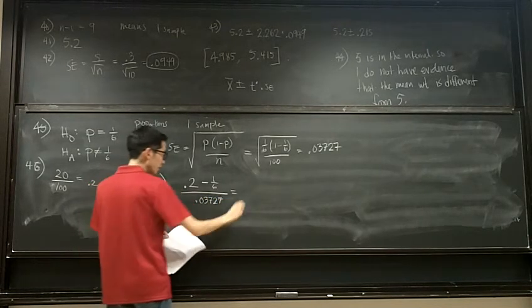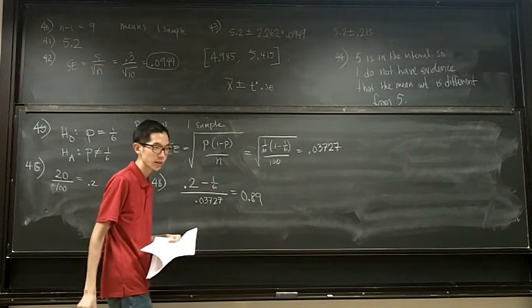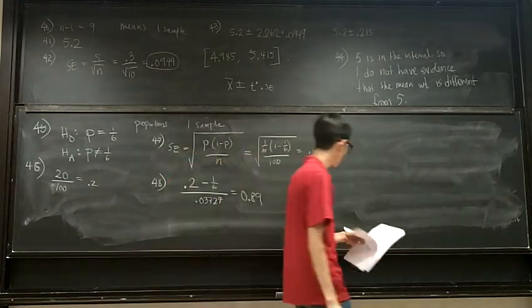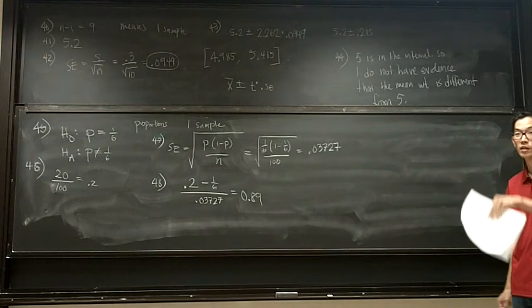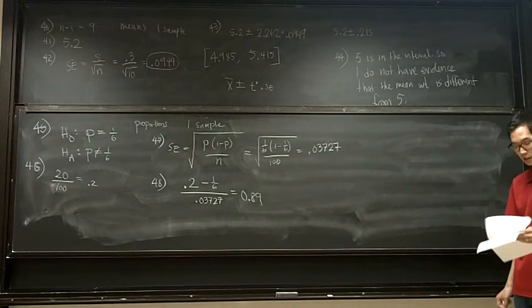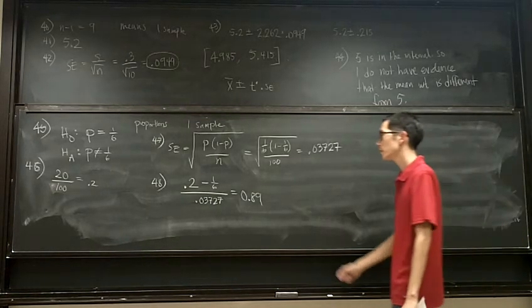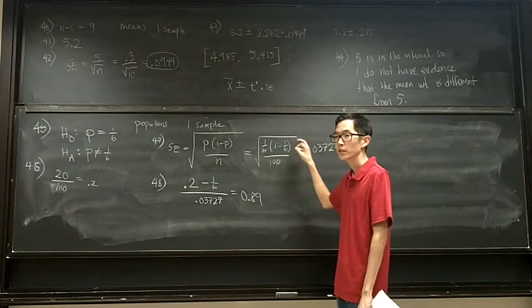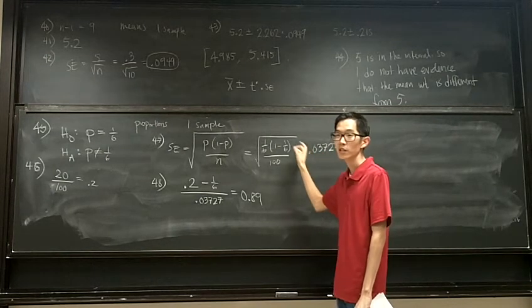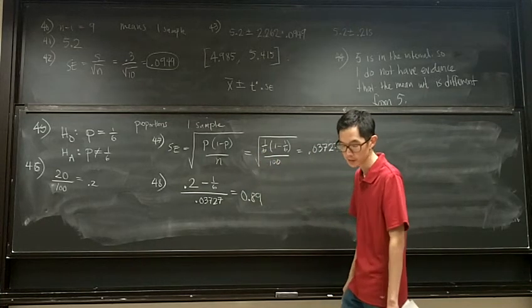So the number I get there is 0.89. Yeah, the standard deviation of the sampling distribution when we're talking about a hypothesis test is the same thing as my standard error, for a hypothesis test.